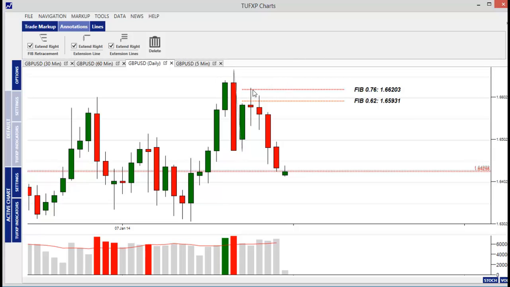If the market can't break above the 76% area, the 3/4, or retrace 3/4 of the previous up move, then prices are likely to move lower. Having this information as part of your trading plan, or in the background certainly, is great, because you know that the short trades are likely to be better than any long trades.